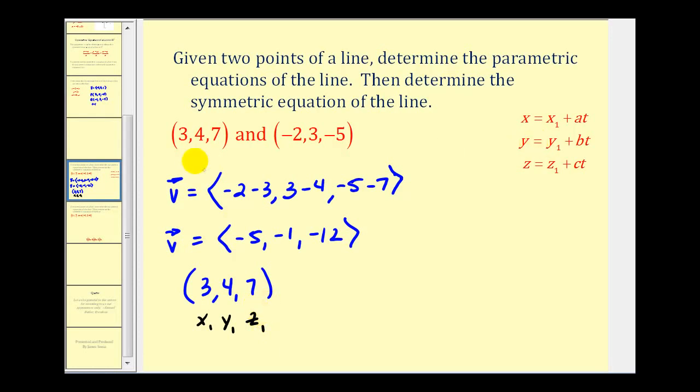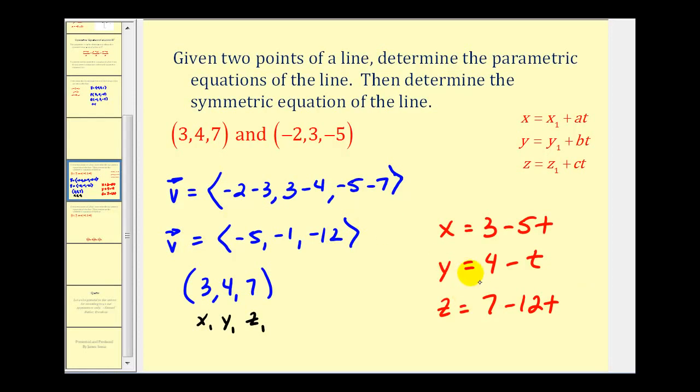So the parametric equations of the line passing through these 2 points will be x equals 3 minus 5t, y will equal 4 minus 1t, or minus t, and z will equal 7 minus 12t.